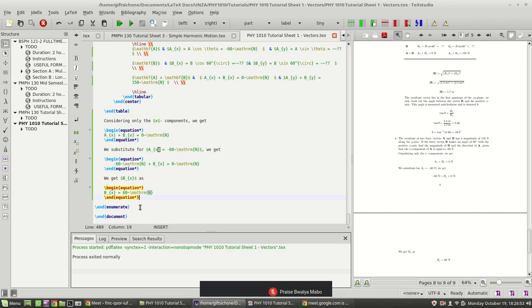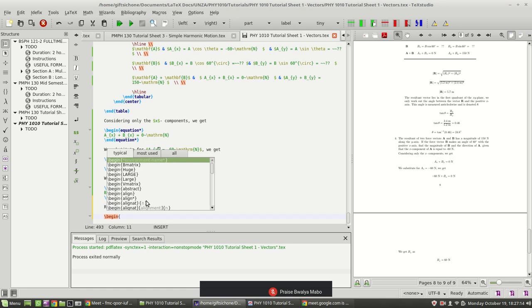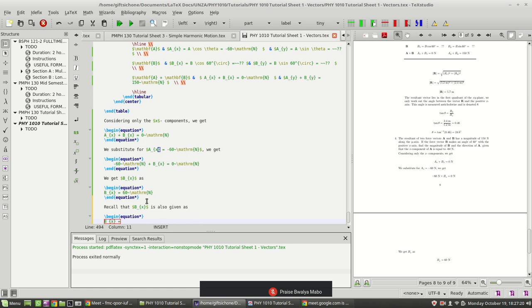So recall that Bx is also given as B cos 60, which is also equal to that.